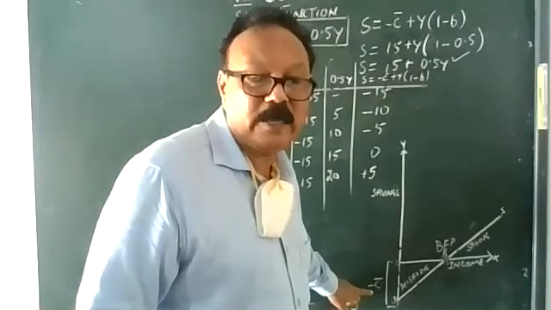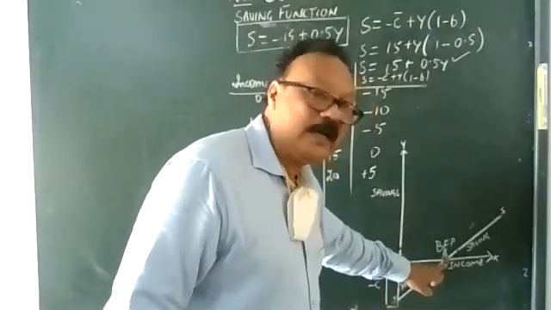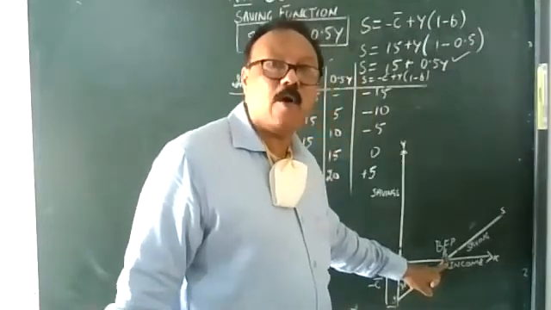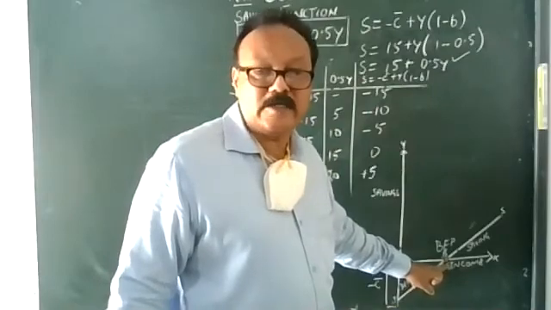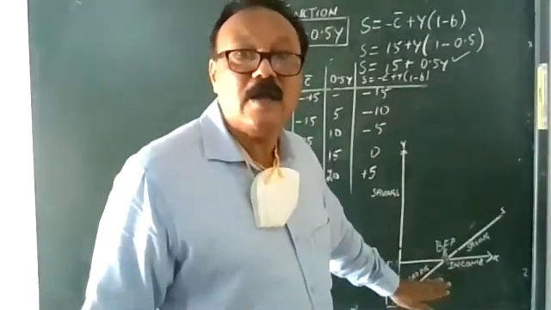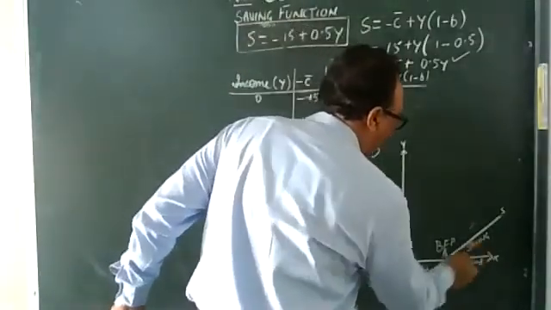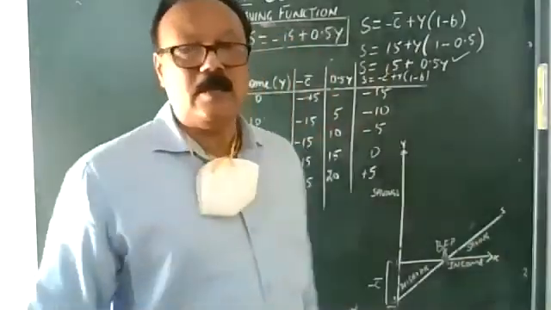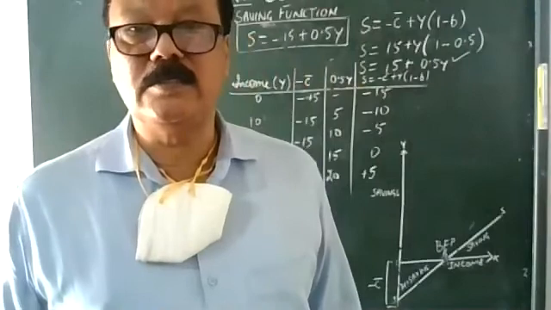The third point says when the saving curve cuts the x-axis at this point, that point is called the break-even point. Here the savings are zero. However, after this point, anything above this, the savings will be positive as income increases.